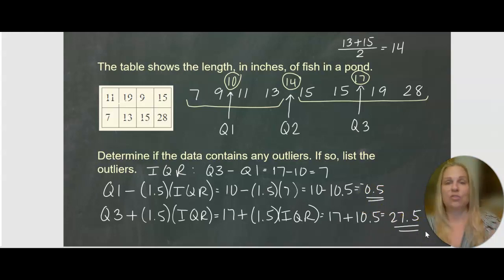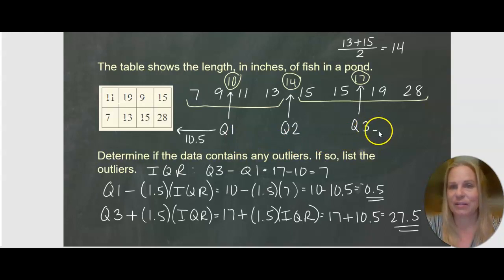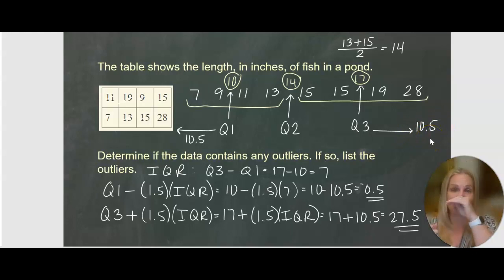Anything outside that range, because remember, I'm going 10.5 this way, and I'm going 10.5 this way, and I'm seeing if there's anything outside of that range. And where did 10.5 come from again? 10.5 came from this right here, 1.5 times my IQR.